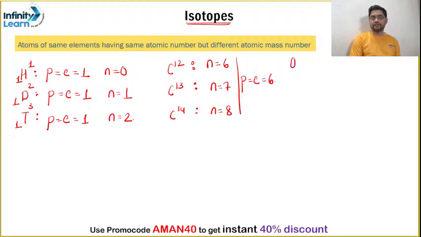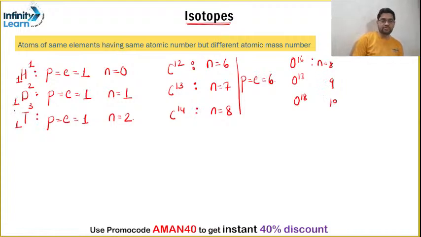Clear? Similarly, oxygen 8, with mass numbers 16, 17, 18. The number of neutrons here is 8, 9, and 10, whereas electrons and protons are 8.